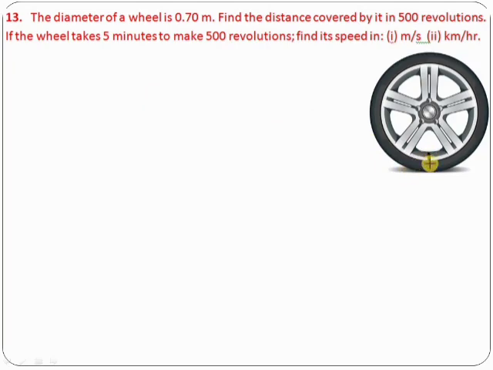When it covers one revolution, suppose it rotates and covers this much distance, this is the starting position A. If it rotates for exactly one revolution, then the distance covered when it rotates by one revolution will be the circumference of the wheel.